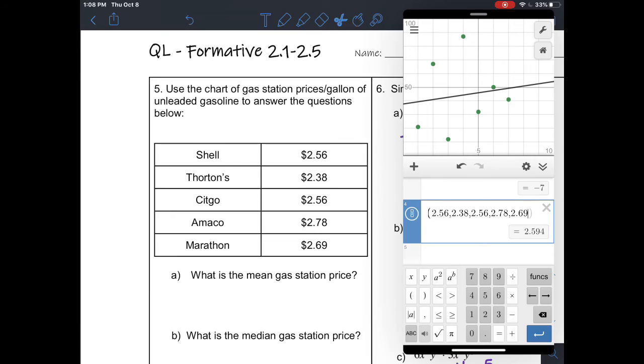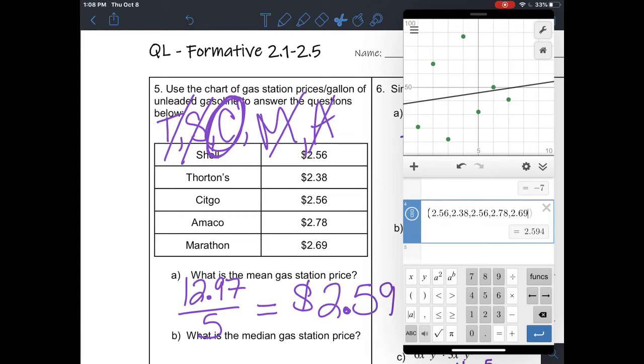Or you can add up the 5 different gas station prices and divide by 5. So you'd have $12.97 divided by 5, and you'd get 2.59. I have to round off to 2 decimal places because we're talking about money here, so I don't want to add that 4 on the end.